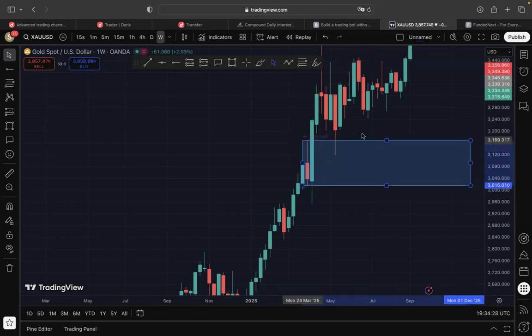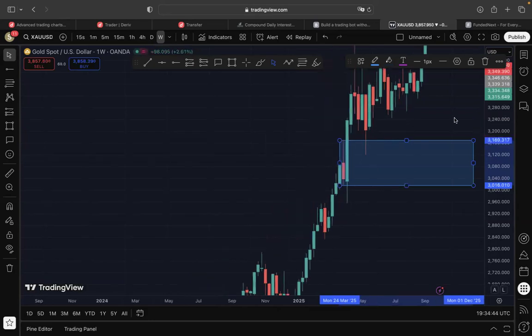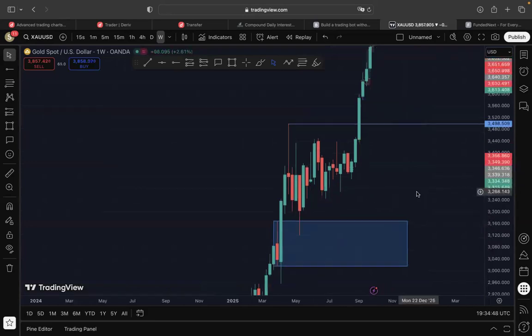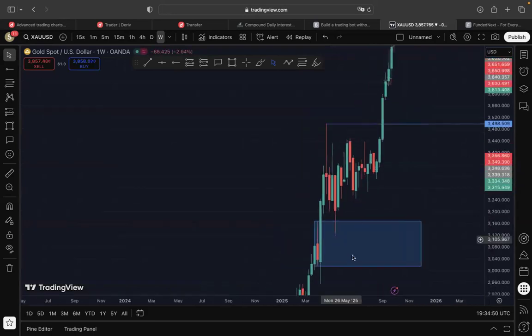I'm going to be showing you guys how to use both, how to understand when I should use order block and when I should use fair value gap.